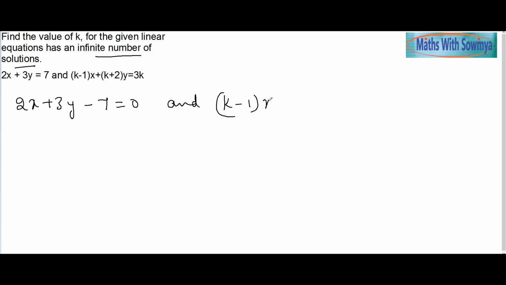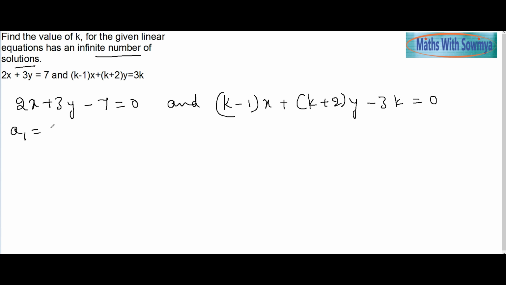Okay. Now let us see some more sums from RS also. This is one more sum. We will see this now. Find the value of k for which the given linear equations have an infinite number of solutions. So you take the two equations, bring everything on the left hand side. And one more thing, this is k minus 1 x plus k plus 2y minus 3k is equal to 0.